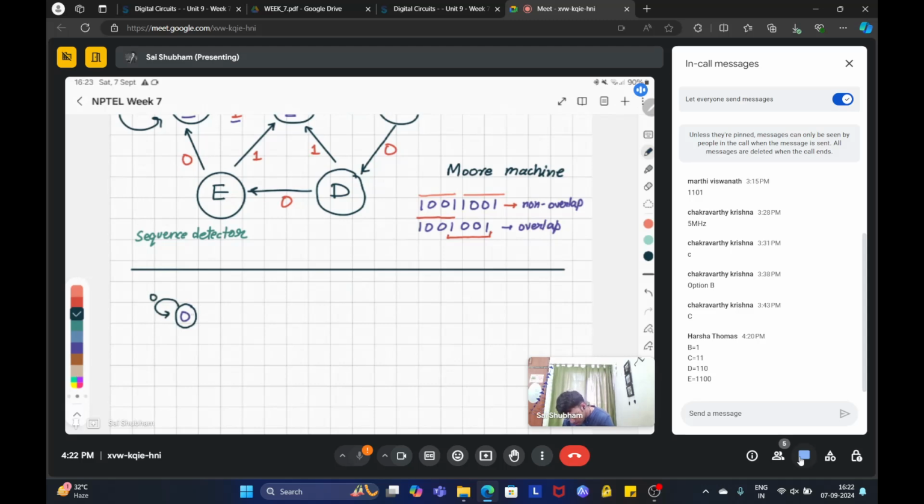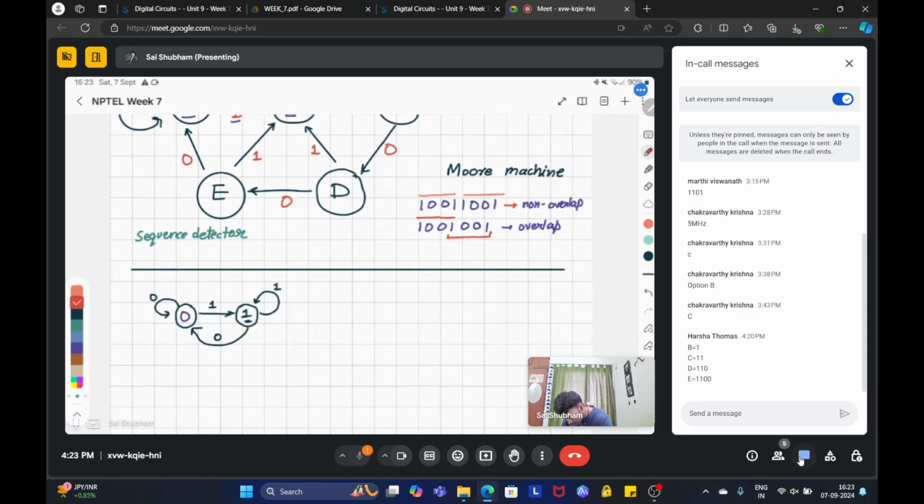As soon as I give input 1, the machine detects it, so the output will be 1. Whenever the input is 1, it will continue to give output 1. But if in this state you give 0, it will go back to the previous state and the output will be 0 again.